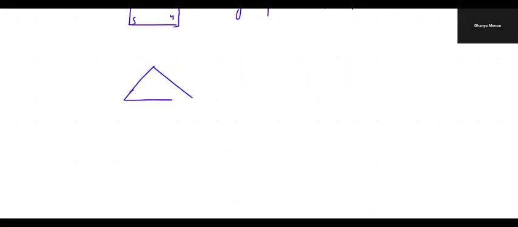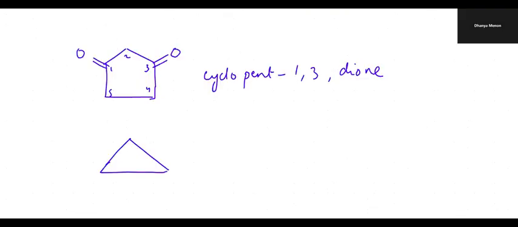So I hope this is clear. So this is CH2, so this is C1, 2, 3, and the valency has to be satisfied. This is an O group, so definitely this has the functional group. So 1, 2, 3.